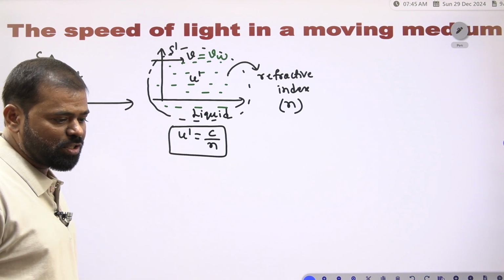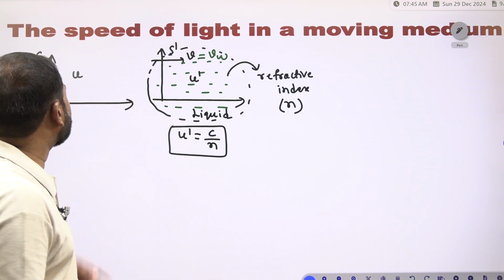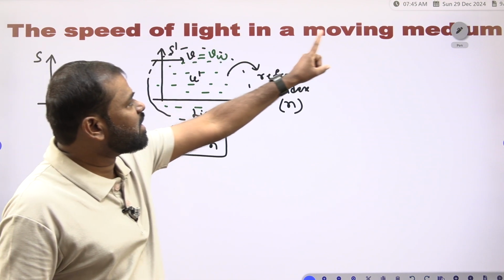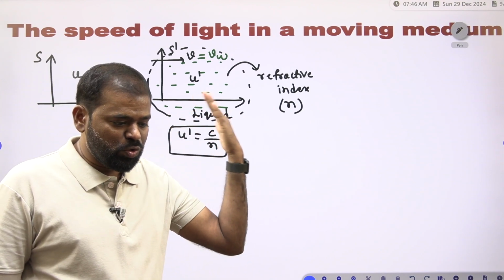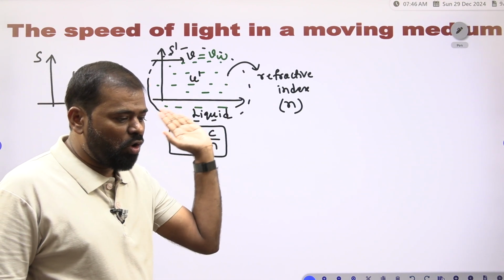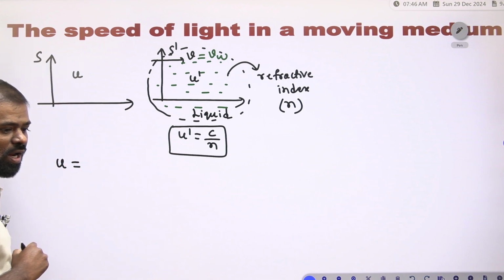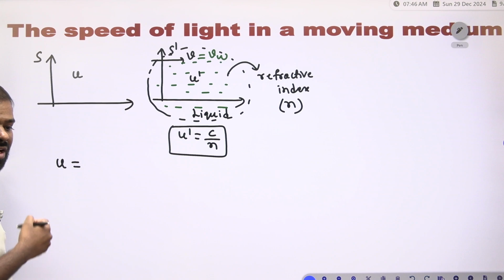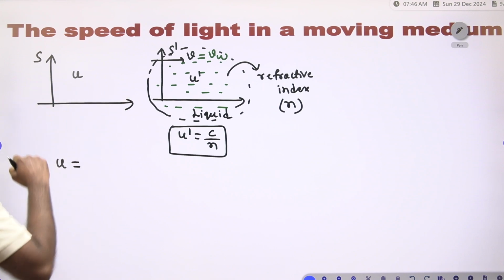So, what we have to calculate is the speed of light relative to the S frame, the velocity of light relative to the S dash frame.